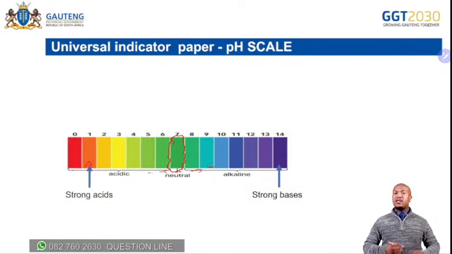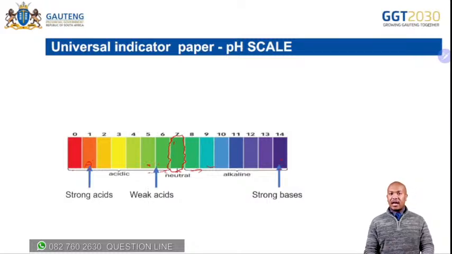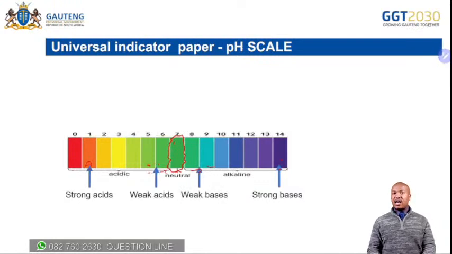This means it is a strong base. Also, for weak acids, you see the color ranges between green, and for weak bases, that's where you see your blue colors.